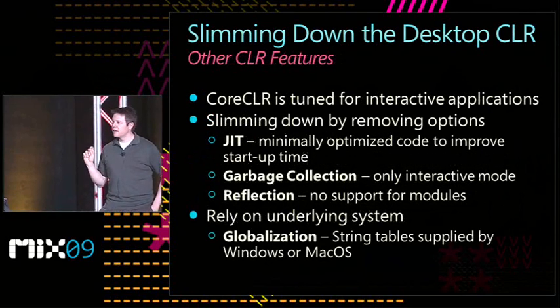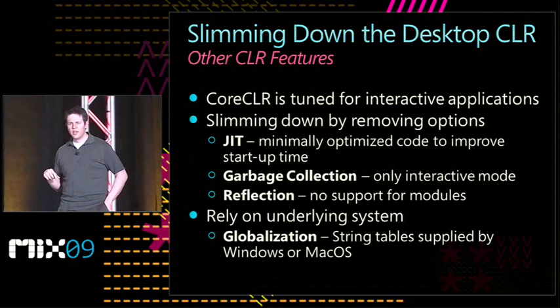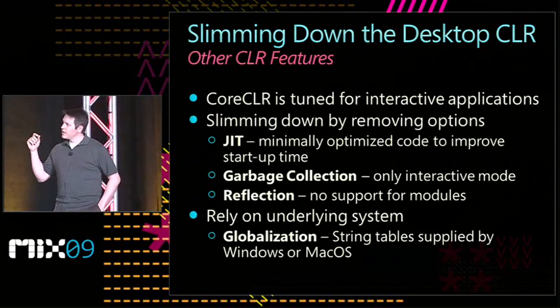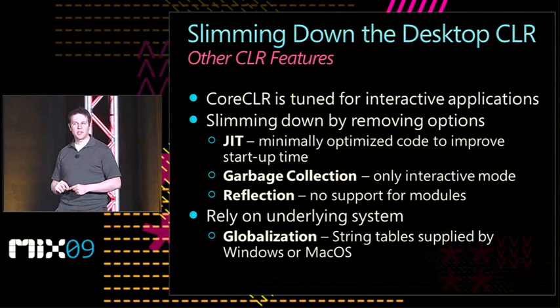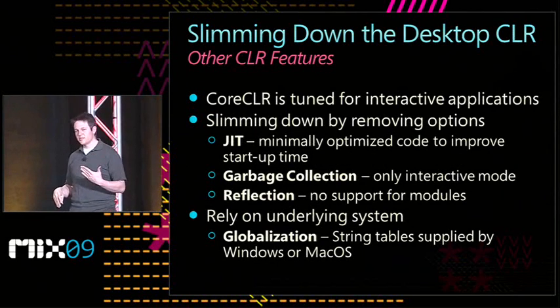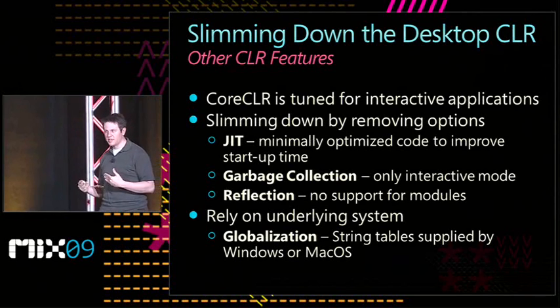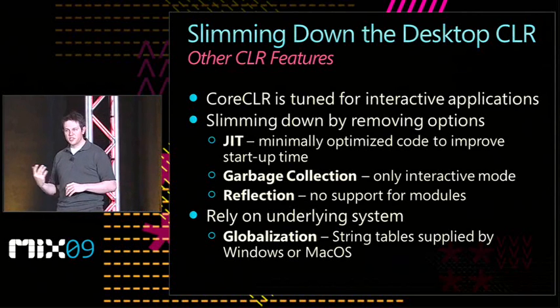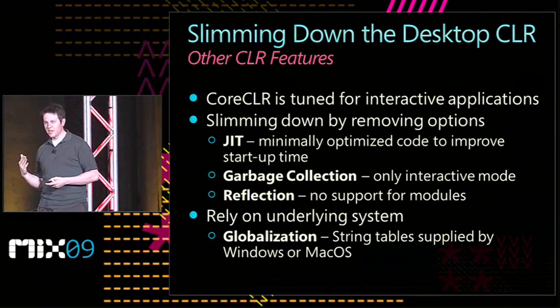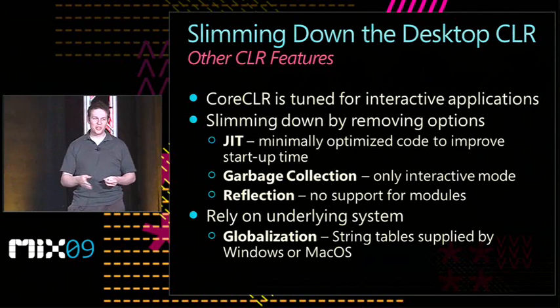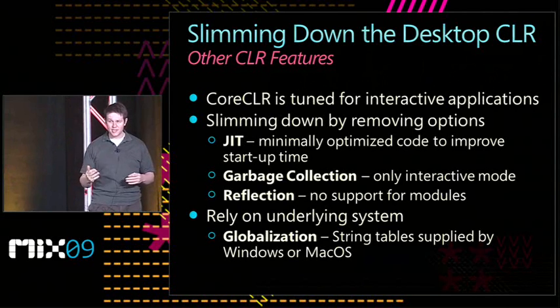Then other CLR features that made a difference, taking the notion that RIA applications are interactive applications. So we don't need all the server scenarios or computationally focused features. And so for the JIT, we use minimally optimized code, because optimizing code when you are loading an application slows it down.